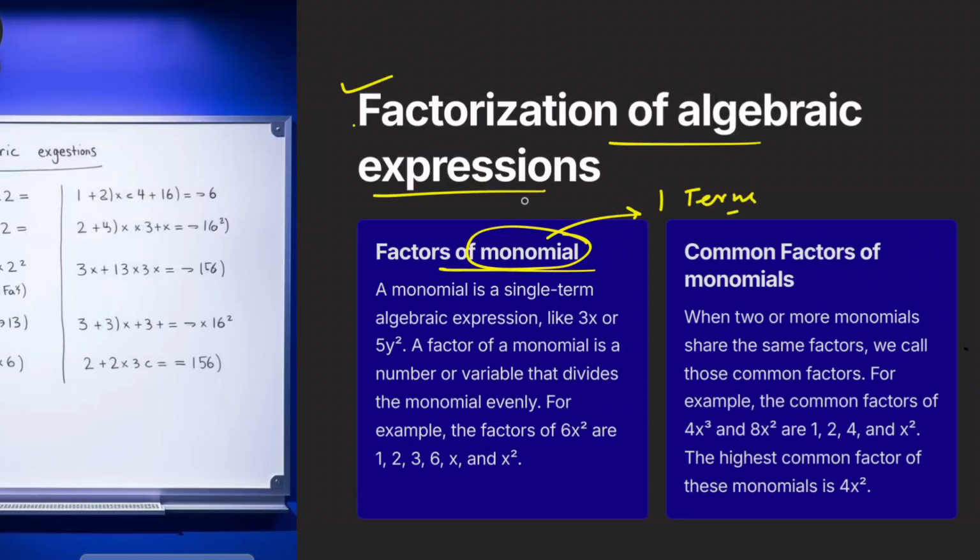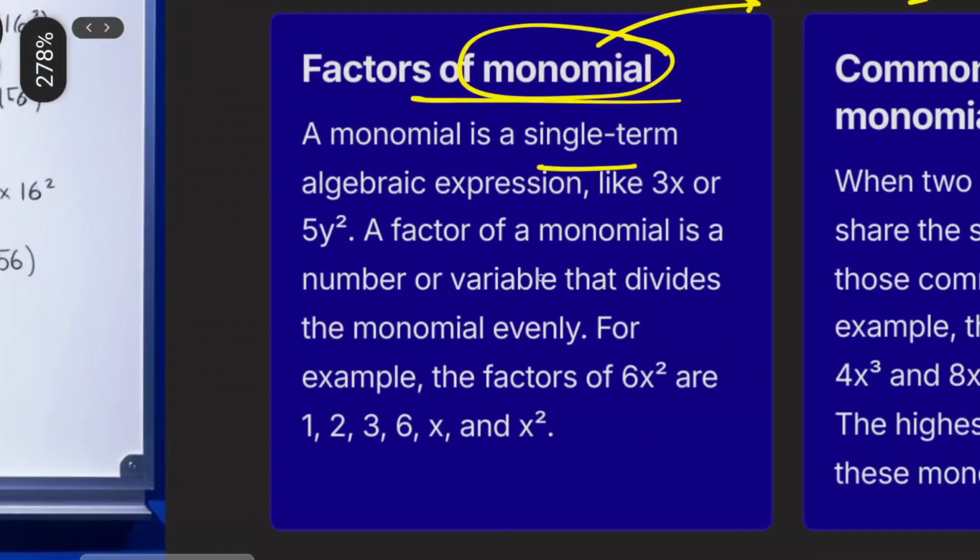Those algebraic expressions which have one term are known as monomials, those with two terms are called binomials, and those with three terms are called trinomials. A monomial is a single term of an algebraic expression like 3x, 5y square.